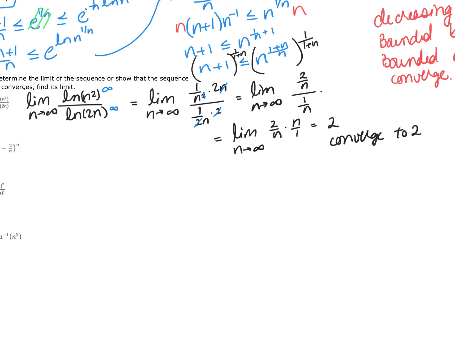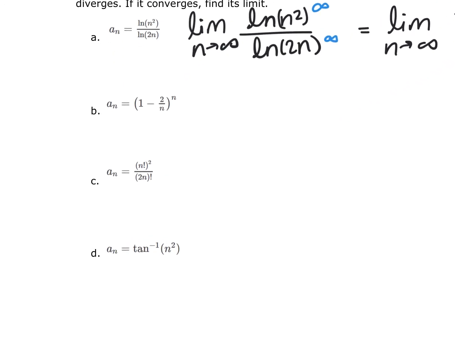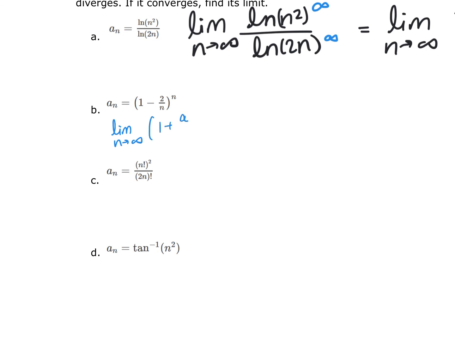Now let's take a look at our next example. This is one of those definitions that we're all supposed to remember, but probably don't. It's one I have to look up too. We have this definition: the limit as n goes to infinity of 1 plus a over n raised to the n is equal to e raised to the a.